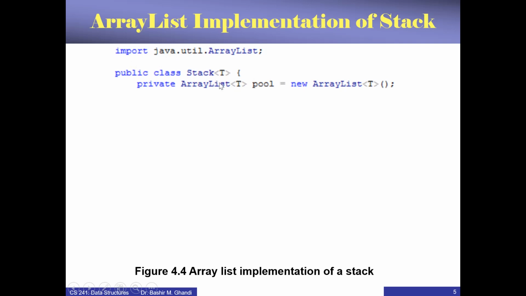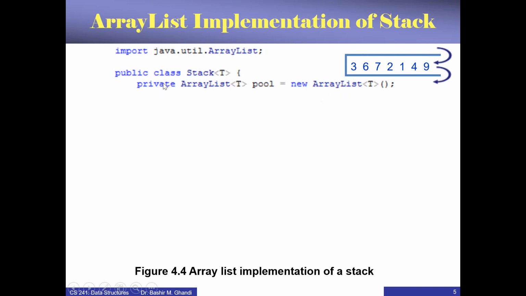So as you can see here, the first thing we did is we declare a variable of type array list called pool, and we have in fact initialized it with an empty array list. Of course, before you can use array list you have to import it. So the idea is we have an array list.